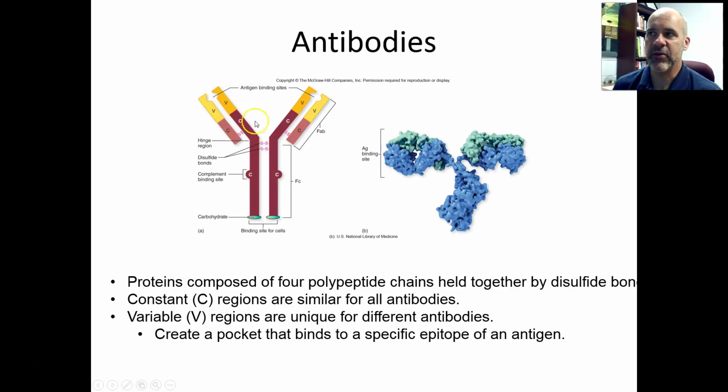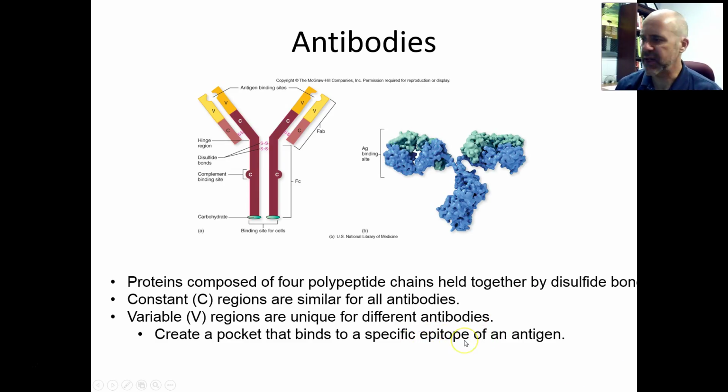The basis for that diversity is right here at the tips. These are called the variable regions, where you have a 3-dimensional pocket that attaches to a specific epitope of an antigen. Remember we said if my fist is an antigen, my knuckle right here might be an epitope for an antibody to attach to, and my pinky over here might be another epitope for other antibodies to attach to.